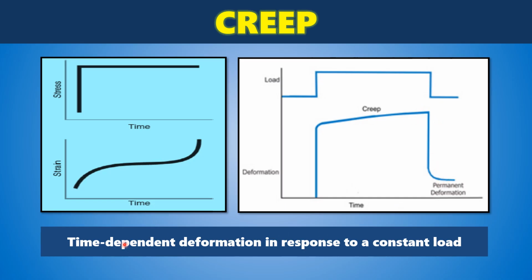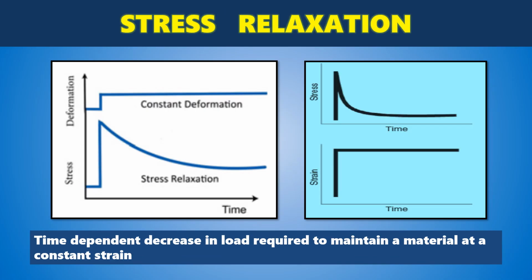This is what is known as time-dependent deformation in response to a constant load. Where do we apply creep in our practice? When you do the Ponseti method or serial casting to correct patients with talipes equinovarus.